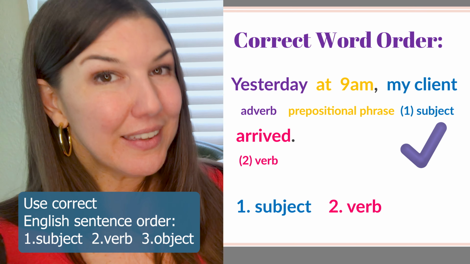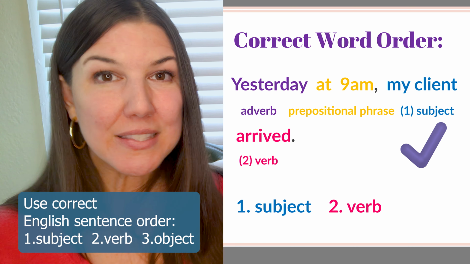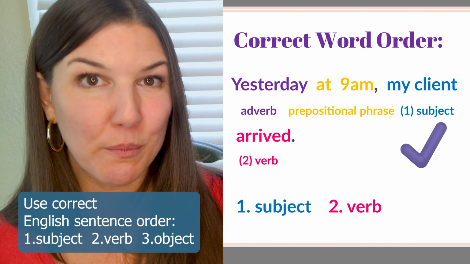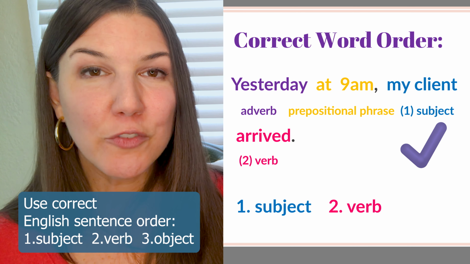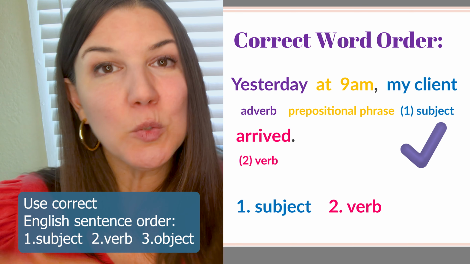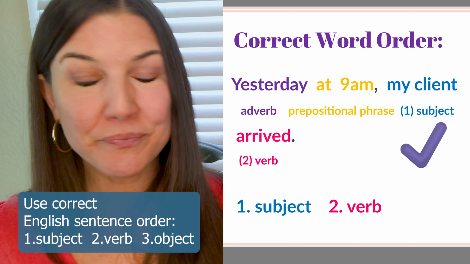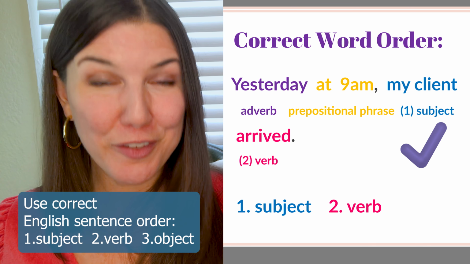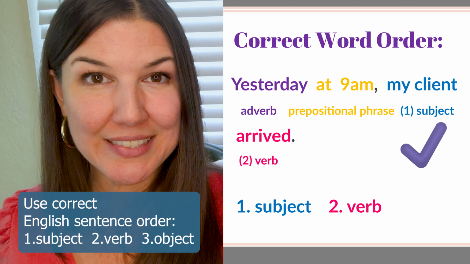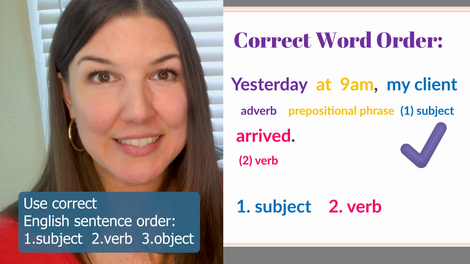Now, it's true that in some situations, we mix the order of the verb and the subject, but we do it for specific reasons, like in questions. In questions, we need the verb or part of the verb before the subject. We must move the verb in the case of questions, and we must not move the verb in other cases like this.